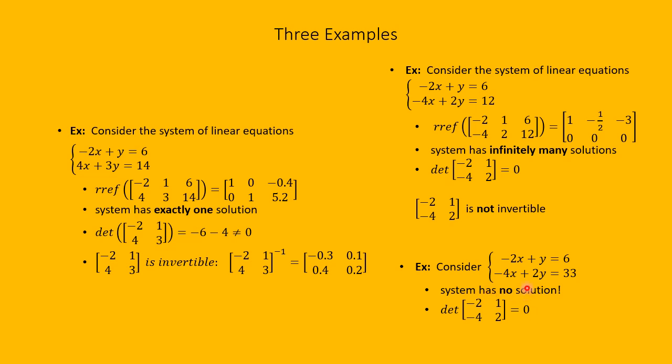At least those are two possibilities. And over here, when the determinant was not 0, the system had one solution, and that turned out to be because the matrix was invertible. So this illustrates the two facts that we saw on the previous slide.